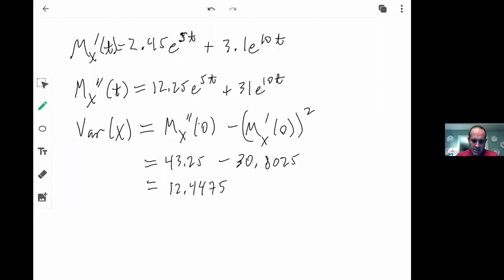Okay, they did want us to find the standard deviation of this. And the standard deviation, of course, is just going to be the square root of the variance of this thing. But there was a last question here that I want us to look at, namely, they said, are the random variables in question independent?